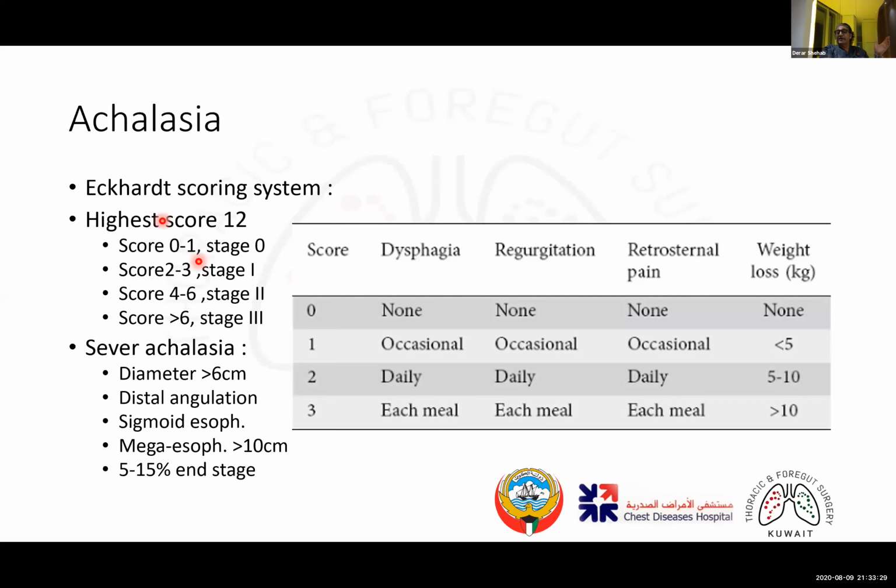Severe achalasia means the diameter of the esophagus is more than 6 centimeters, with some sort of distal angulation. The patient may have a sigmoid esophagus or megaesophagus, which is defined as a diameter of more than 10 centimeters.